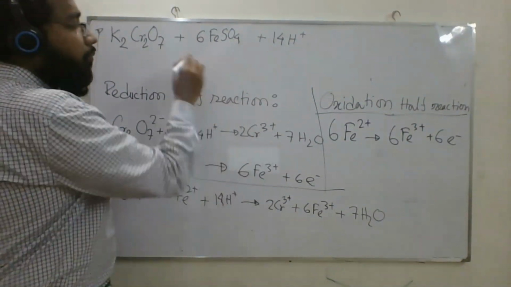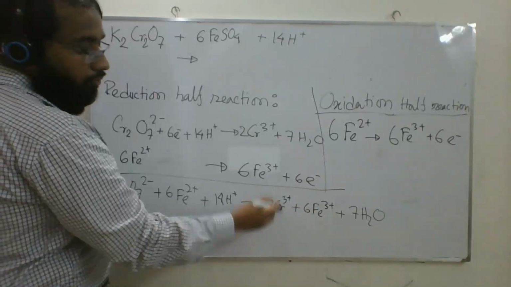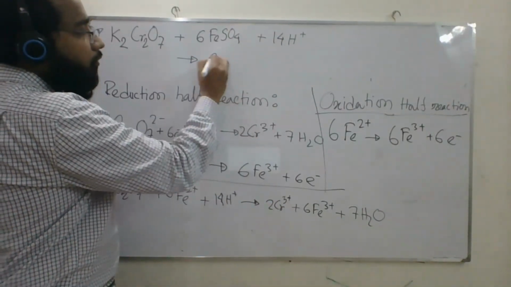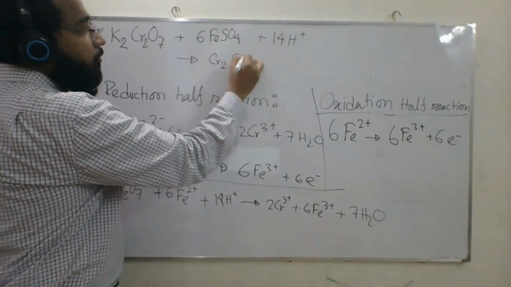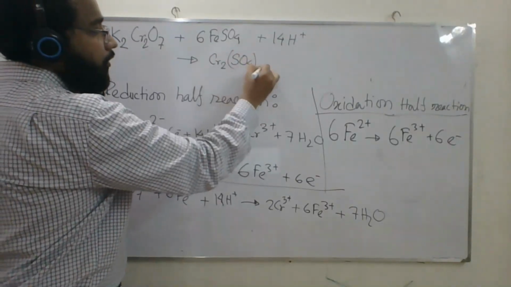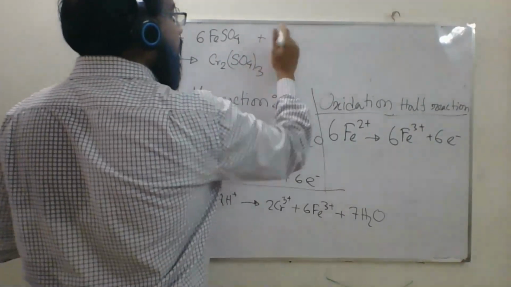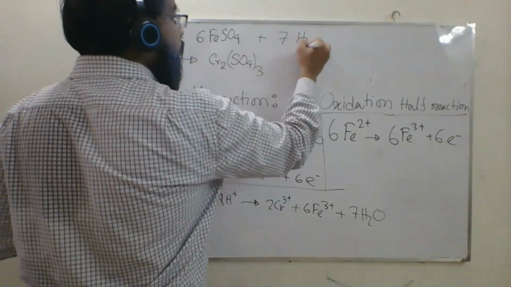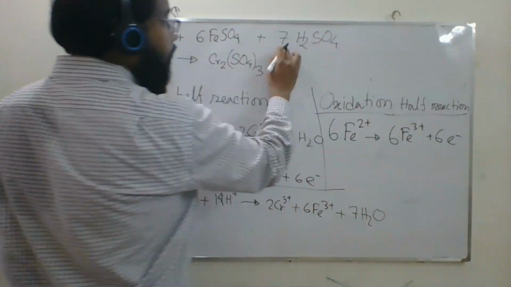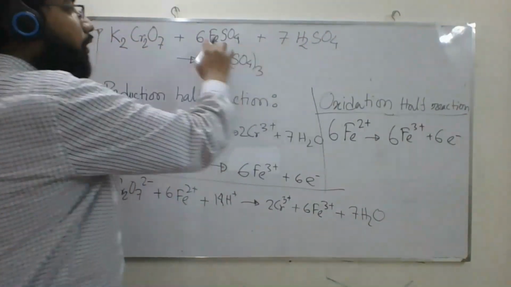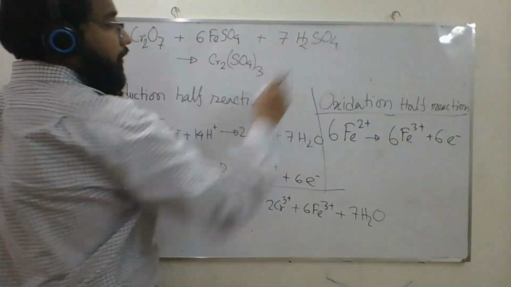Then what will be our product? Cr2(SO4)3. So 14 H plus we can write down as 7 H2SO4, 14 remains the same. I said as there is a sulfate, I will give the sulfuric acid.